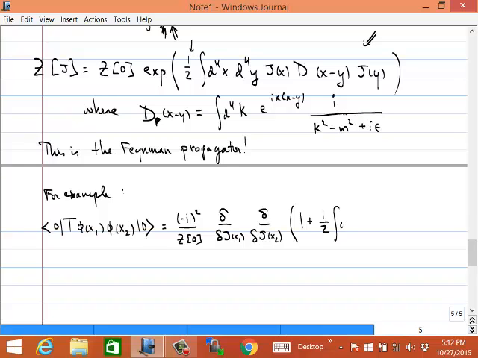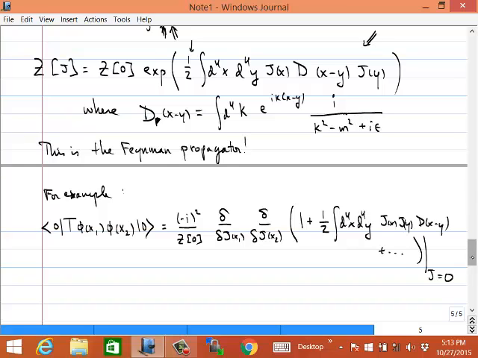And then you get an integral d4x, integral d4y of j of x, j of y, d of x minus y, plus higher order terms, all evaluated at j equal to 0. Now, I don't need those higher order terms, because if I only take two derivatives with respect to j and then set j equal to 0, all the terms in that expansion of order j to the 4th, j to the 6th, and so forth will just be equal to 0.